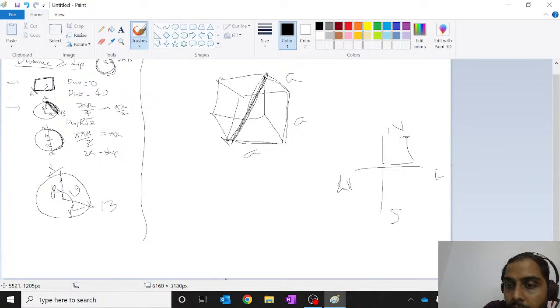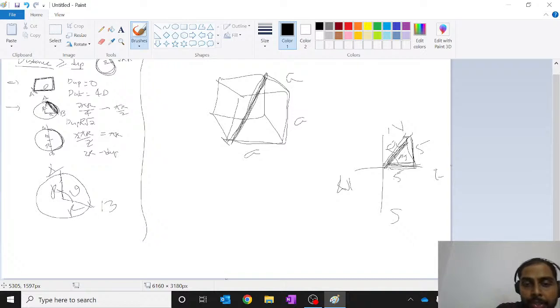Your displacement is not 5 plus 5, but the shortest distance, which is 5 root 2, because it's a right angle triangle. Whereas the distance is this 5 plus this 5, both put together. Distance is 5 plus 5, whereas the displacement is 5 root 2, the shortest in all your vector concepts.